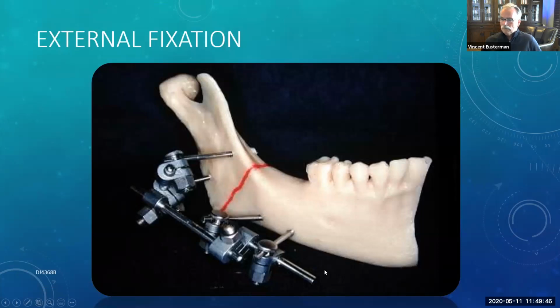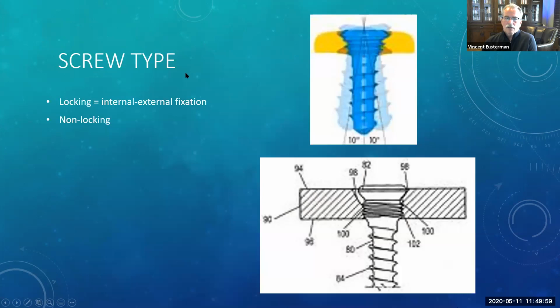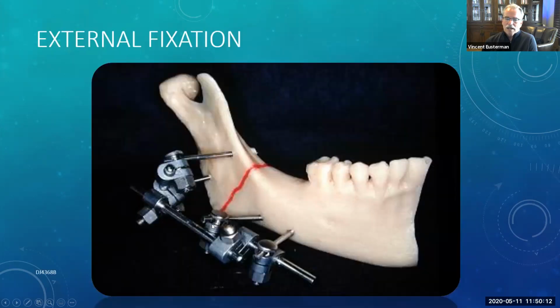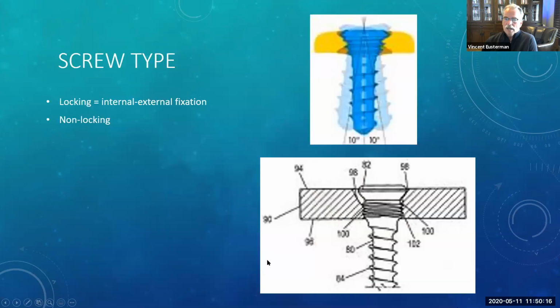External fixators are not something we use often. They're certainly available and under special circumstances. It's important to note that when you are putting in a locking screw, you are actually creating an external-internal fixator or an internal-external fixation, because you are locking the screw into a plate much like you are locking a screw into an external fixator.